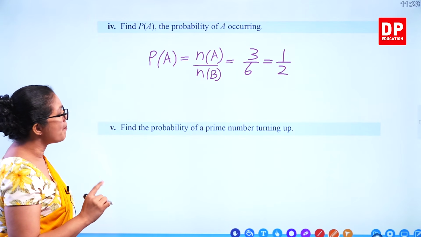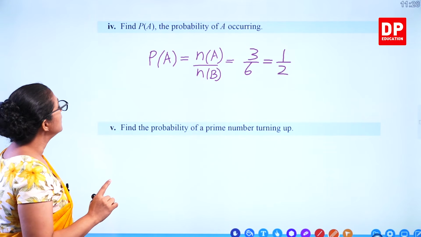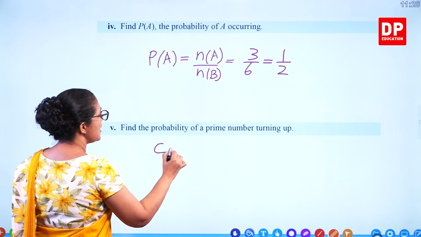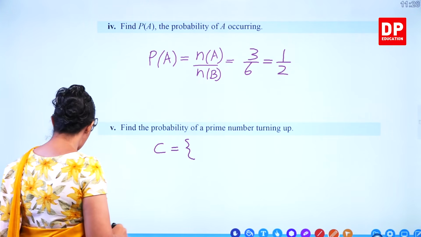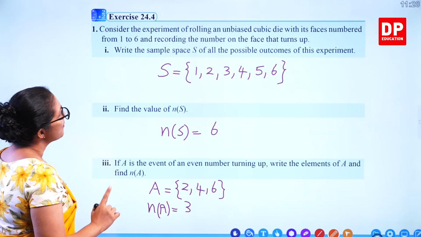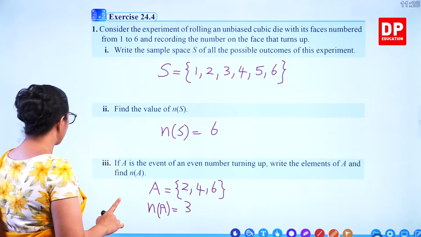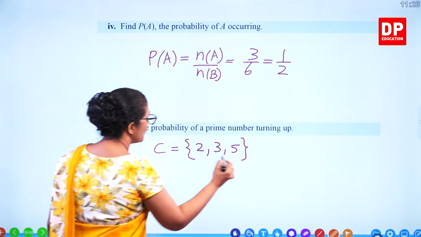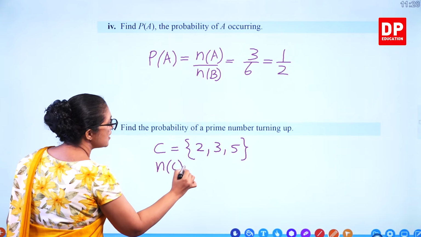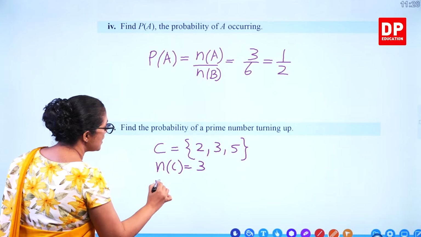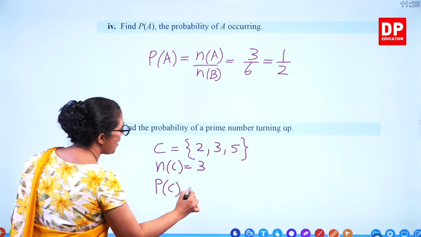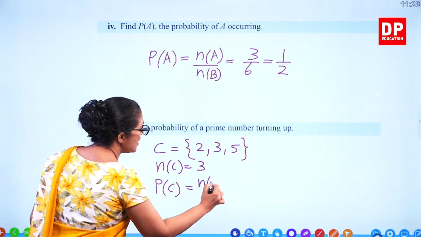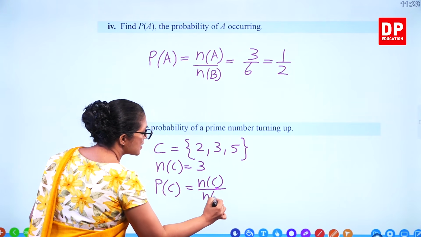Find the probability of a prime number turning up. So we'll take any event C. That's prime numbers. 2, 3, 5. Those are the possibilities. So number of outcomes is 3. So what is the probability of getting a prime number? N(C) over N(S).